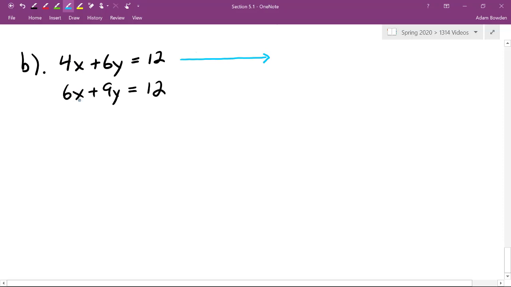So a 4 and a 6, let's multiply them so that one of them is a negative 12x and the other one is a positive 12x.